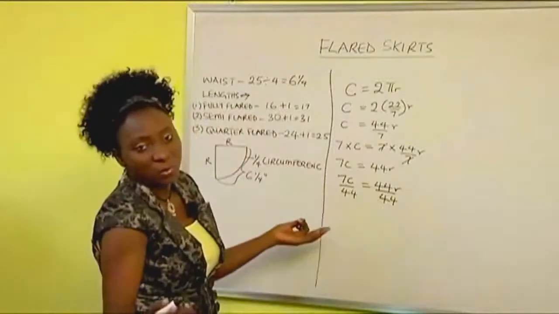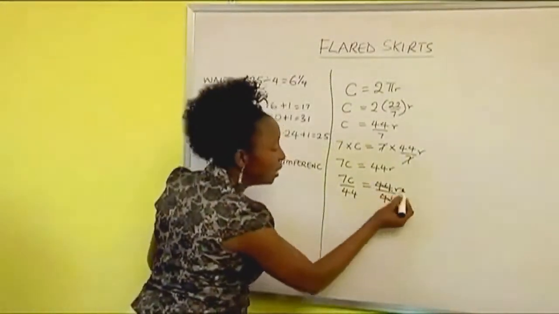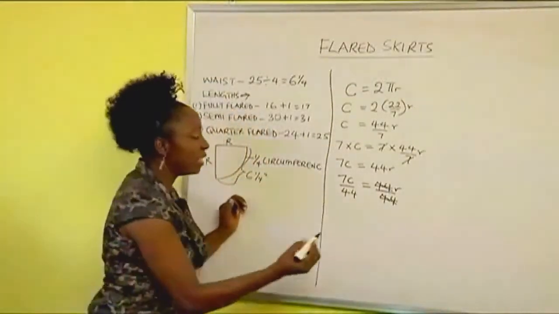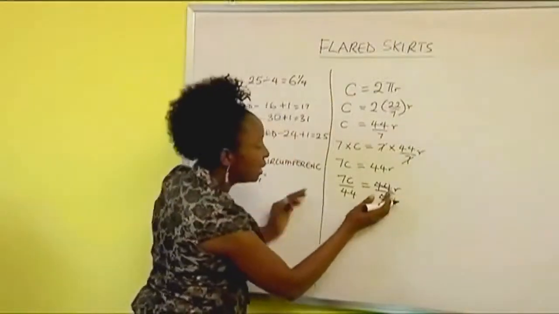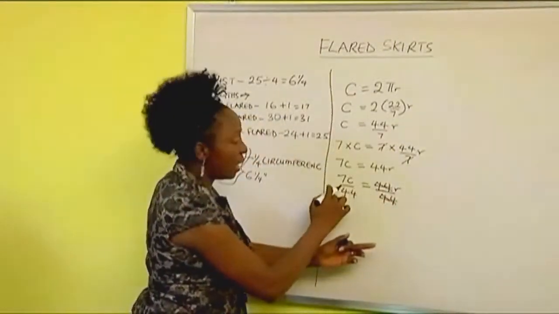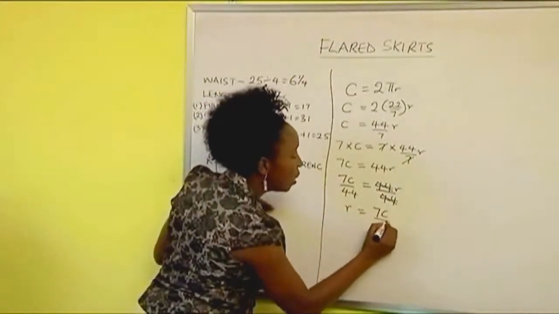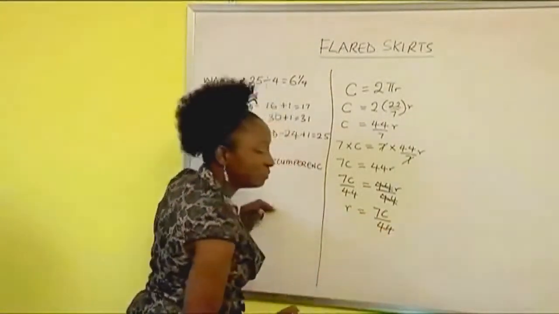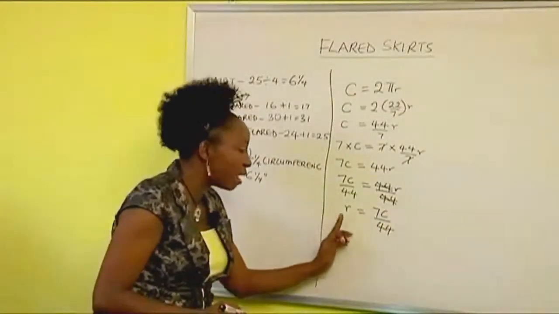Now, I just cancel 44 with 44, and then what I'm left with is r. So now I'll change this to the other side, and that will be r equals 7C/44. Easy.